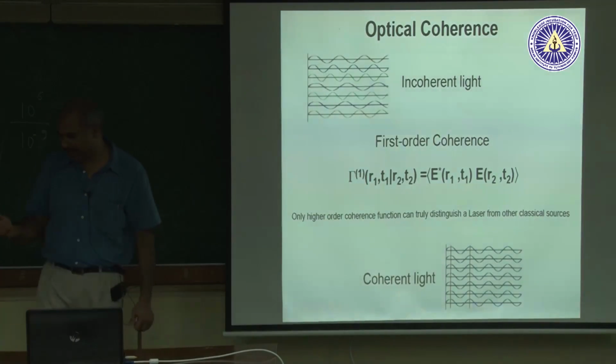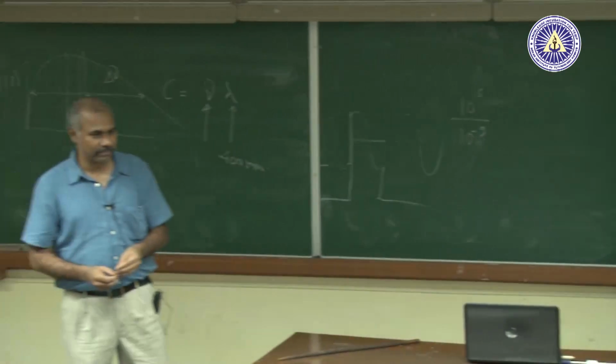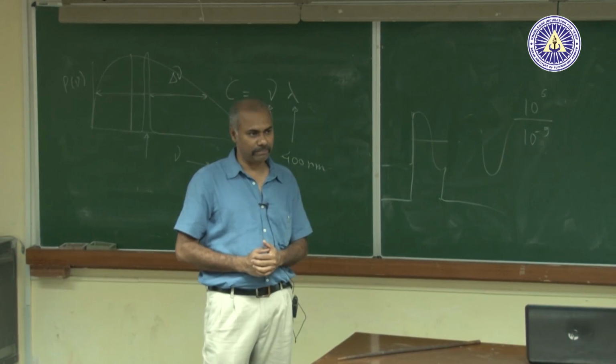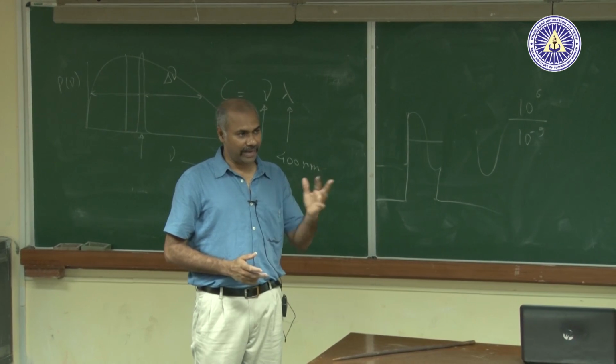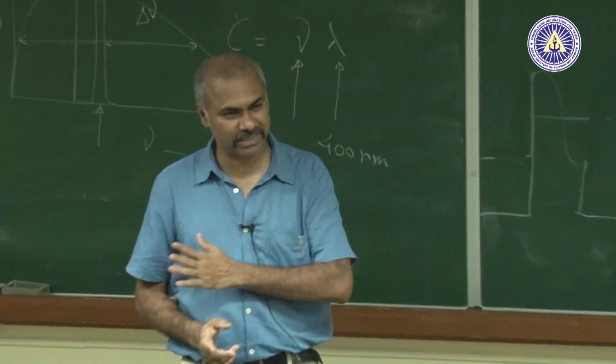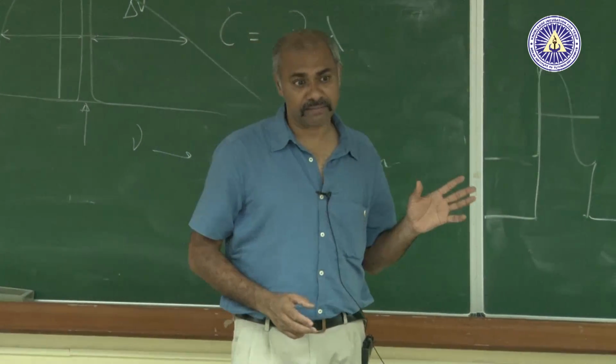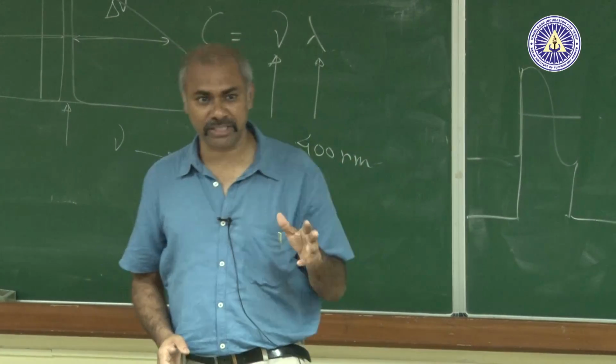But let me just tell you the essential idea. You're asking, okay, one photon has come, now when does the second photon come? For a laser, I won't be able to predict when the second photon comes, it's completely random. Sunlight, these photons will come in bunches.